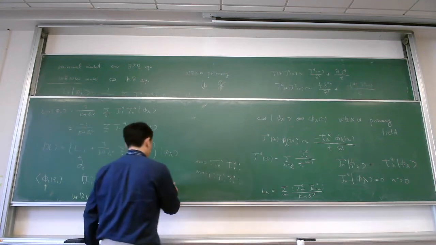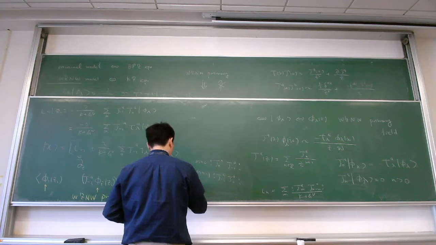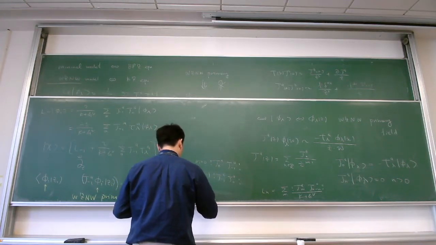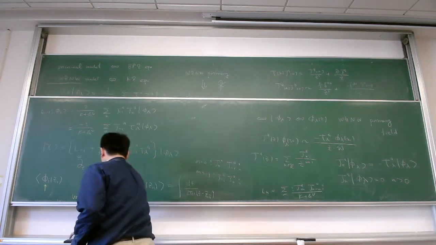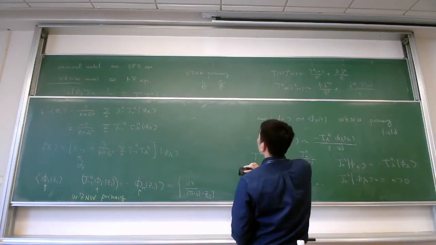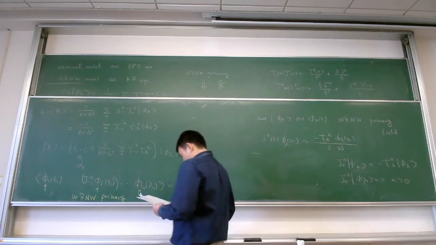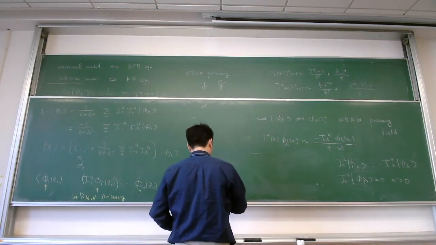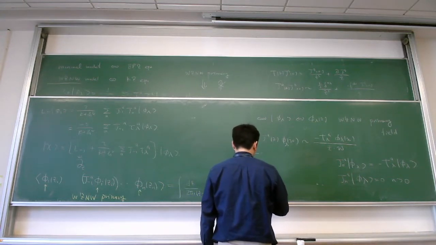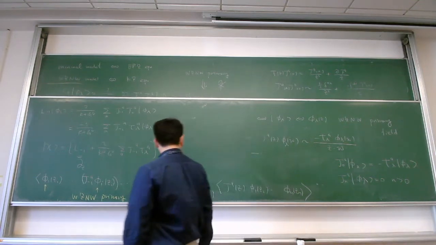Then we can just use the OPE. This can be written as a contour integral of dz over 2 pi i, with z minus Zi in the denominator. Then you have J^a(z) and phi. It's just an ordinary contour integral, which you are already familiar with.